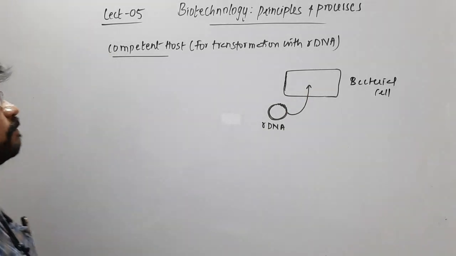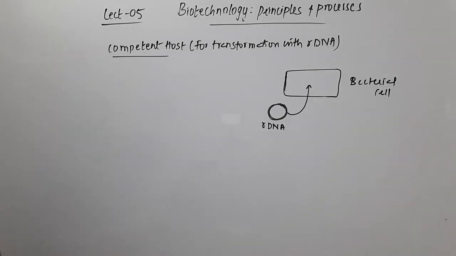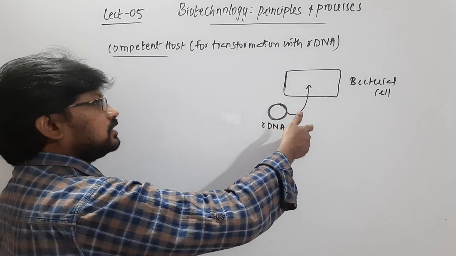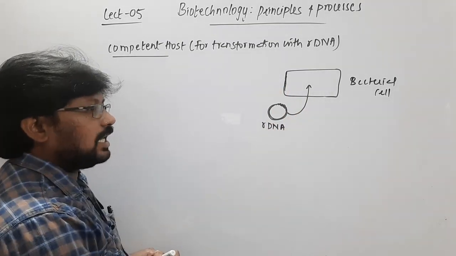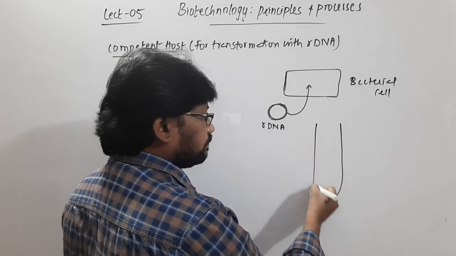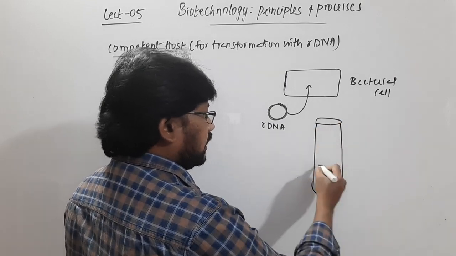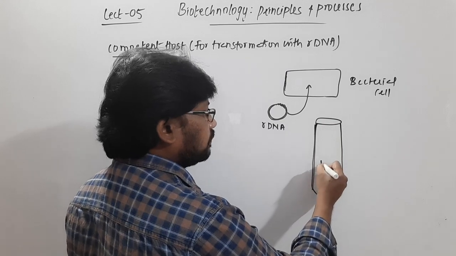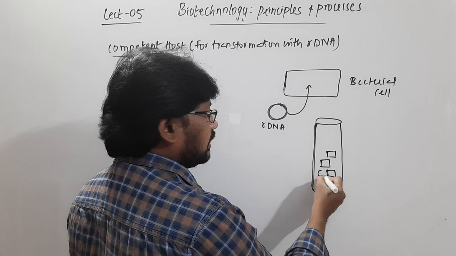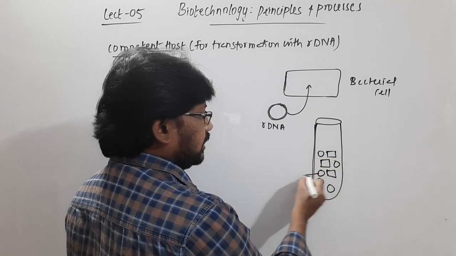Okay, now there are various methods that we are employing to make the host cell take up the rDNA. So here again, let's see. I have taken bacterial cells in a test tube, and along with that I have taken rDNAs.